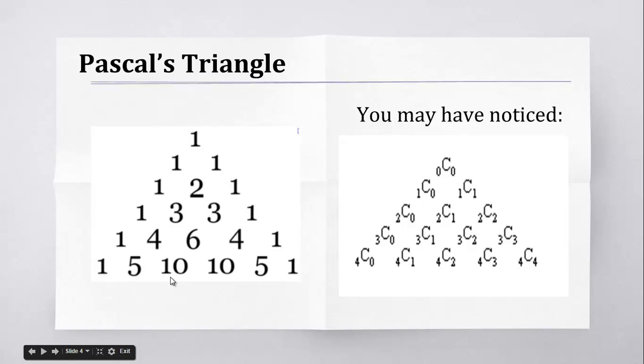There's 4 ways to pick 1 person from 4. 4 choose 2 is 6. There's 6 ways to pick 2 people from 4, 6 groups of 2 from 4. 4 choose 3 is 4. 4 choose 4 is 1. And so these become very closely related to combinations.